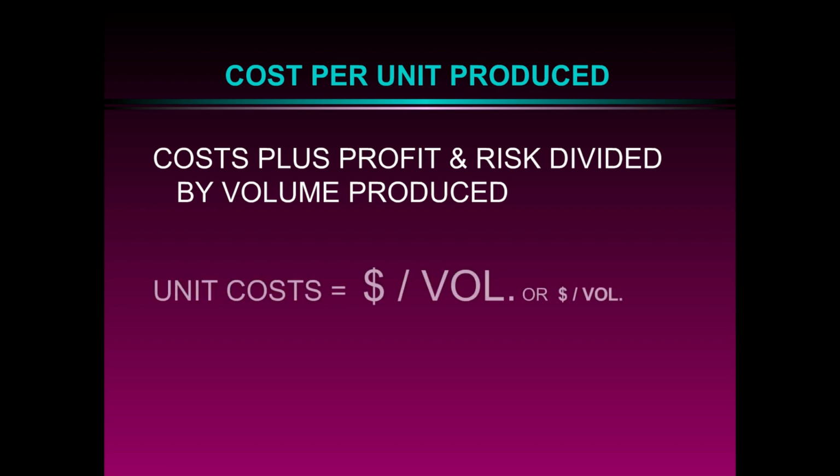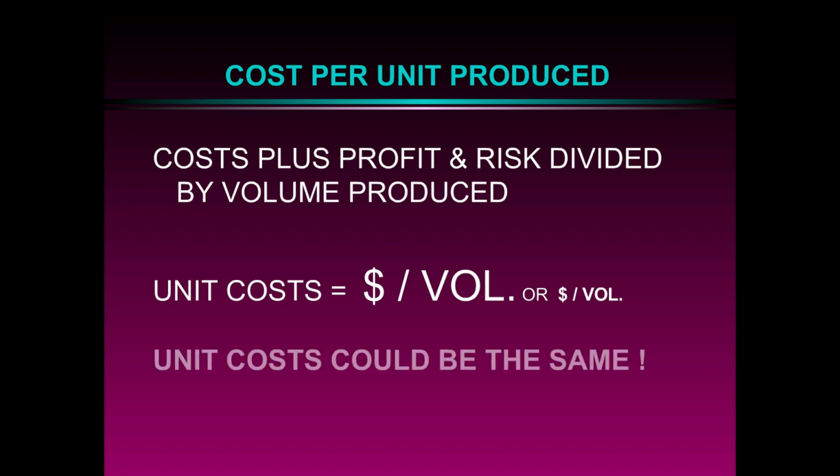That comes up with dollars per unit volume, and it can either be big dollars in cost and big volume, or smaller dollars in cost and profit and lower volume. We get there the same way, and people who are purchasing services are just dealing with the cost per unit volume. So it could be the same whatever approach we take.